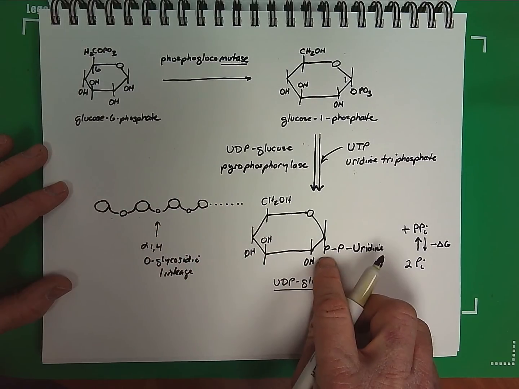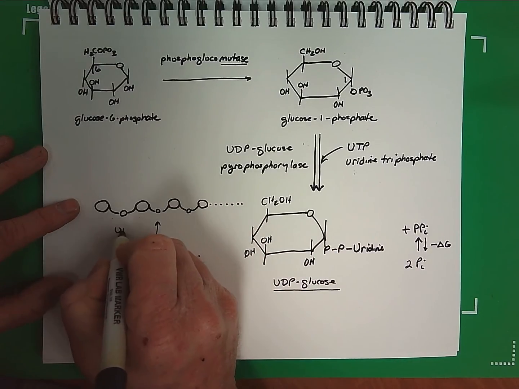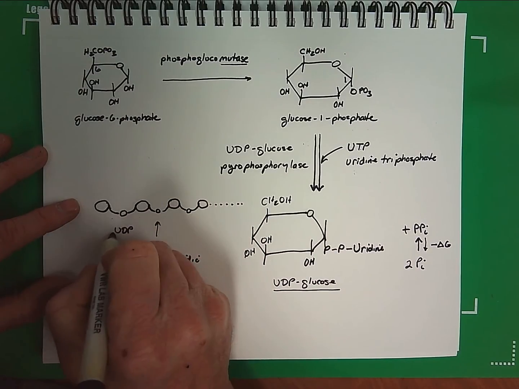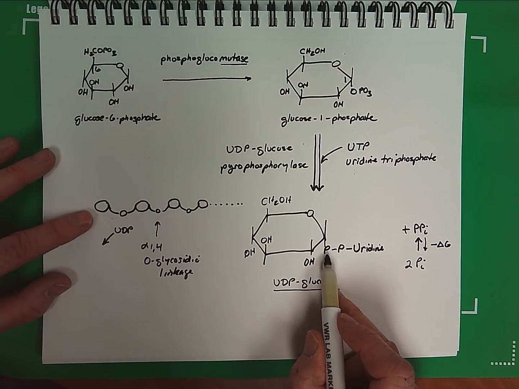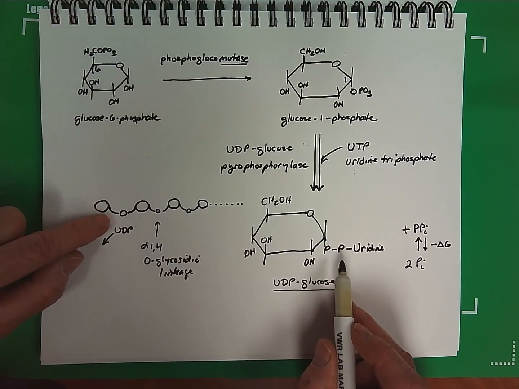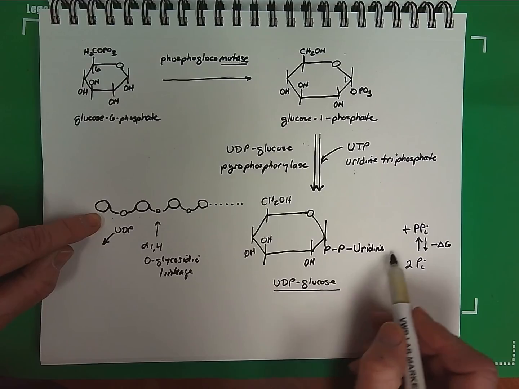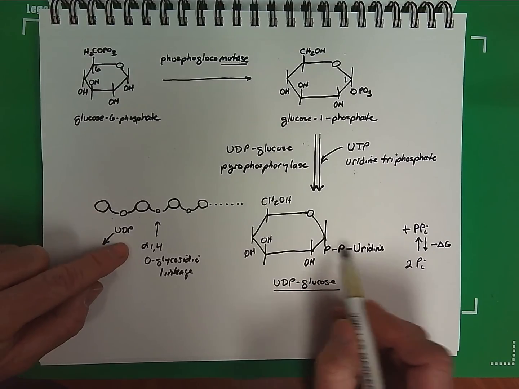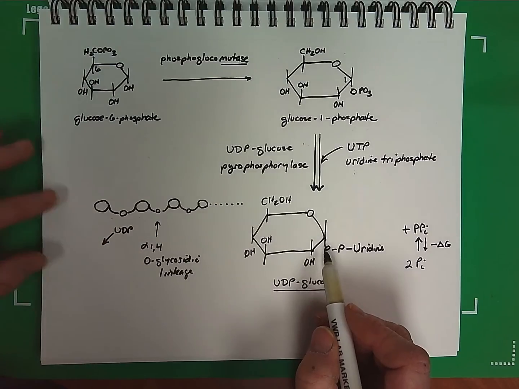In doing so, we will be releasing from this reaction UDP. So there will be no phosphates linked up in the glycogen molecule. This whole group of UDP, uridine diphosphate, acts as the leaving group and provides the energy to drive the growing chain growth.